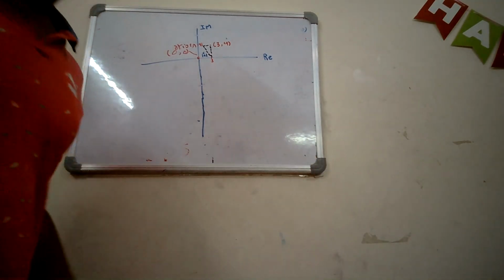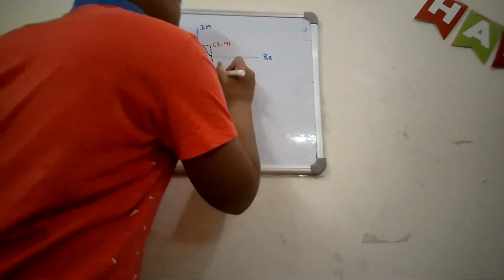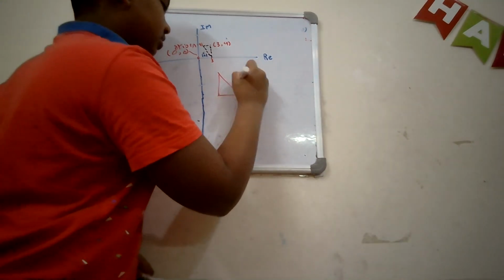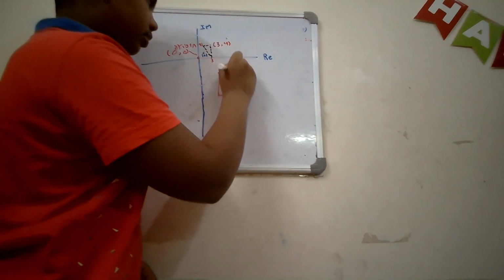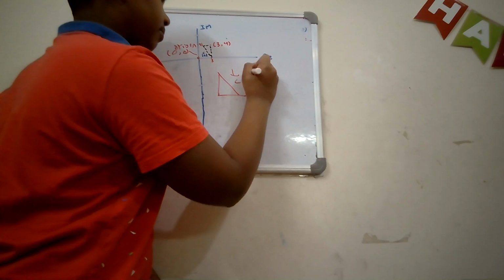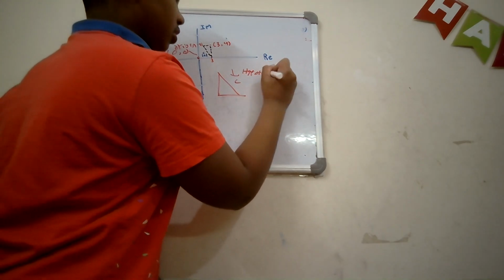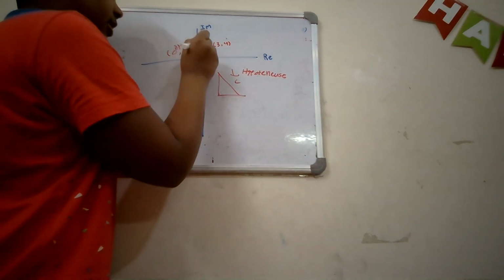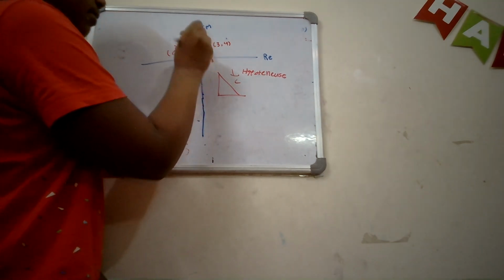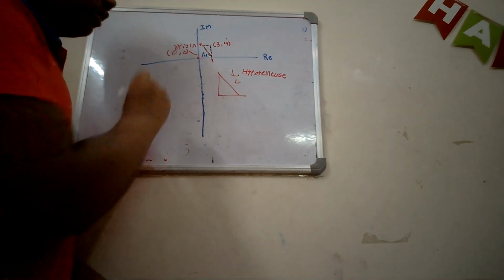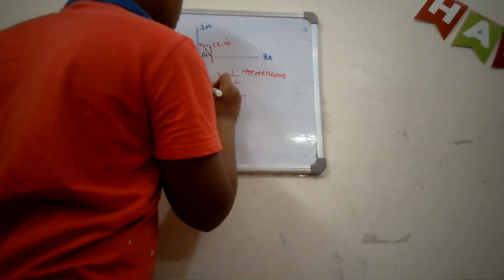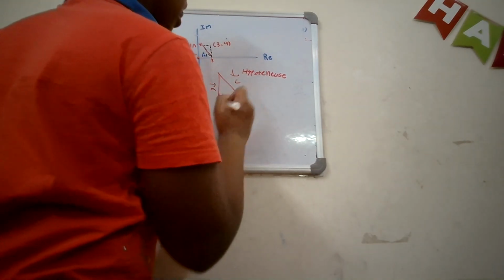So in the Pythagorean theorem, if you have a right angle triangle right here, this is A, this is C, the hypotenuse, okay, which is the same case here. This is the hypotenuse in the complex plane of the complex number, and this is A, the first leg, this is B, the second leg, okay.